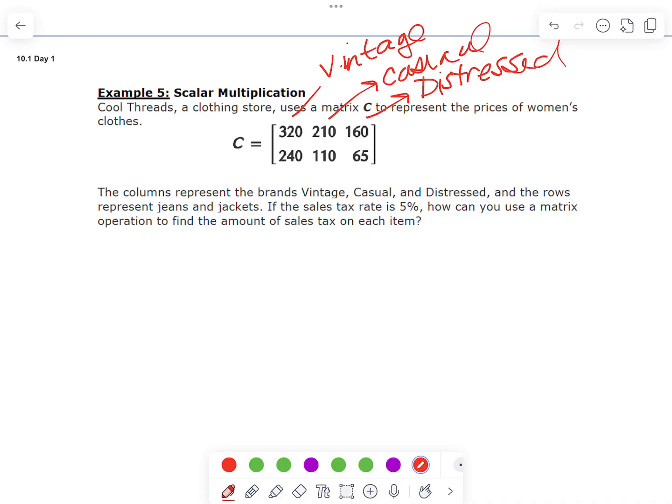Then the rows represent jeans and jackets.